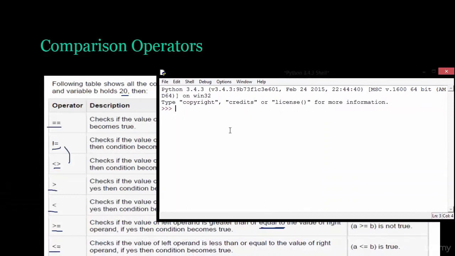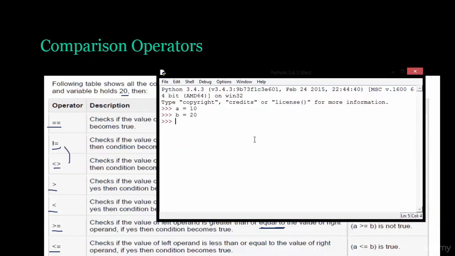I set A equal to 10 and B equal to 20. And I type A equal equal B. This will give us false because the value of A is not the value of B. Okay.